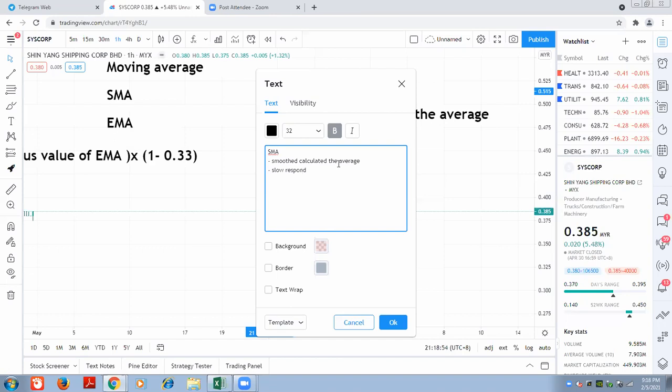So it gives a slow response to the trader that reads the SMA. SMA normally is used for the objective trader.